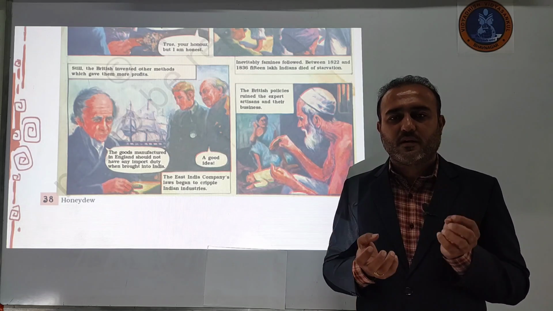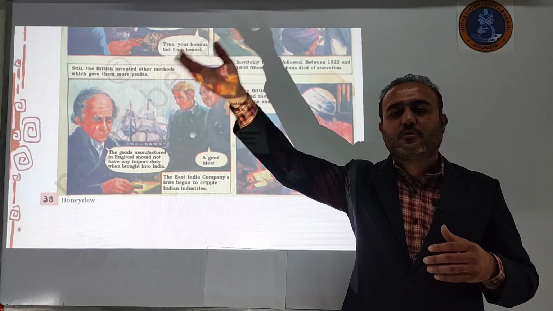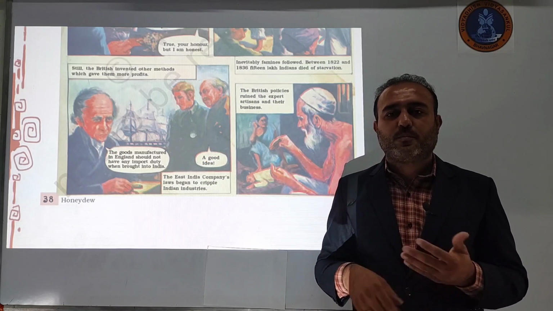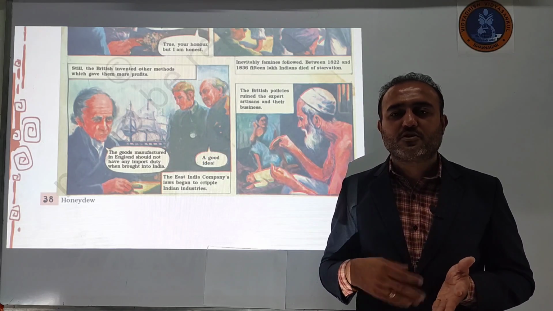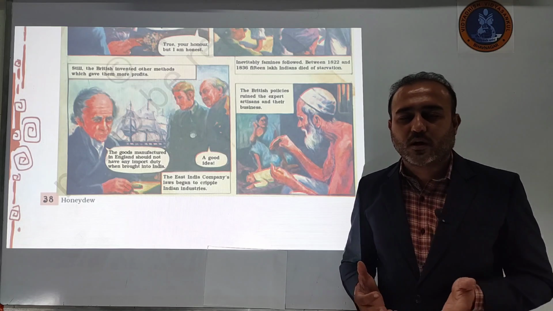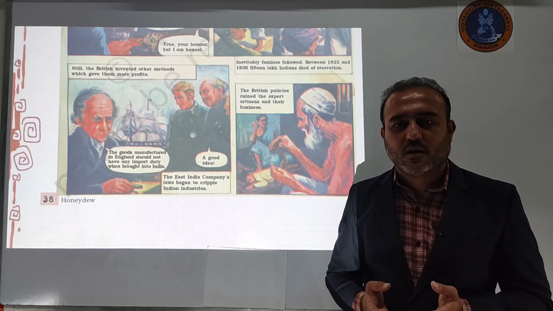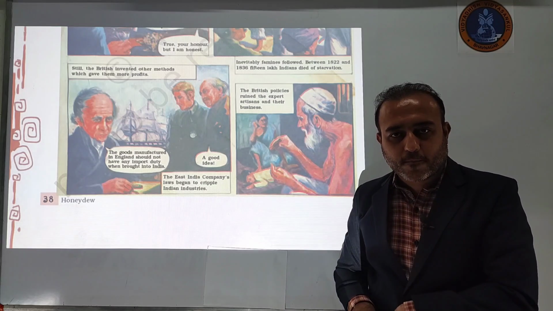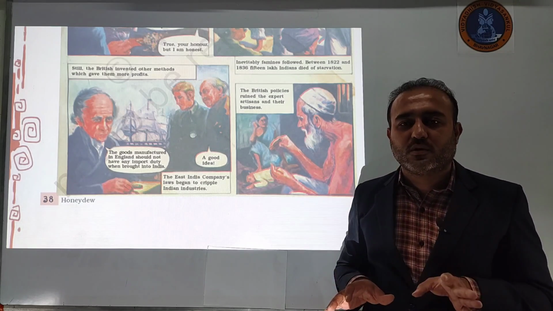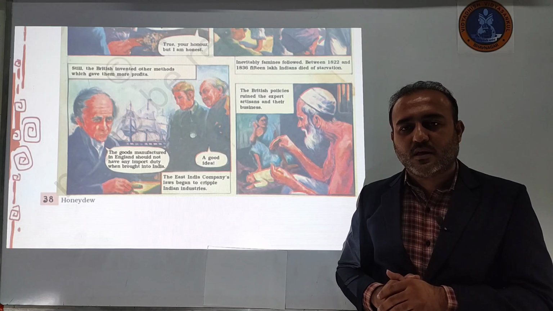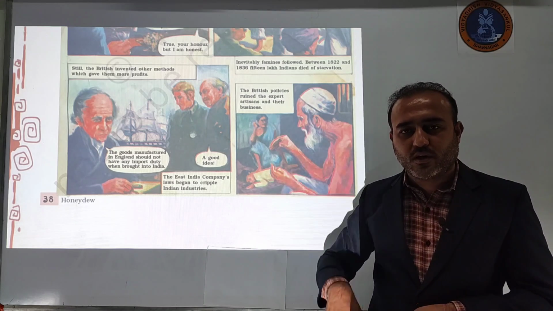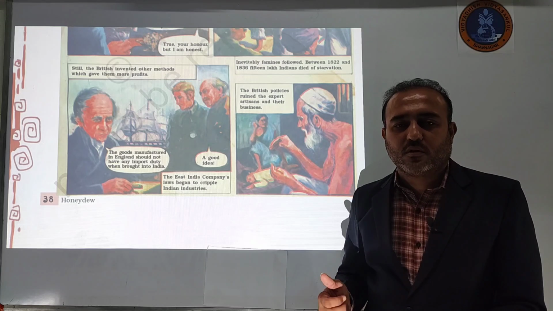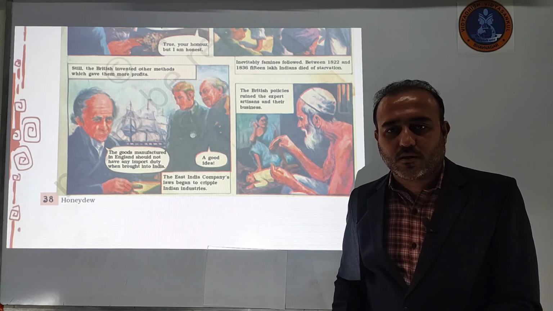They used to take it away from India and export it to England, and in England they will prepare finished goods, that is the cloth. So clothes made up of cotton will be produced in England. They will bring that clothes to India, but no import duty was levied on them. That means the clothes which were brought to India for selling, the Britishers were not supposed to pay any money on that.